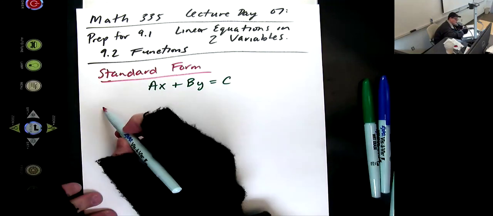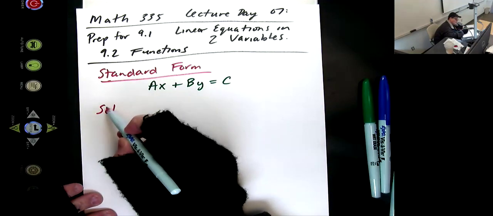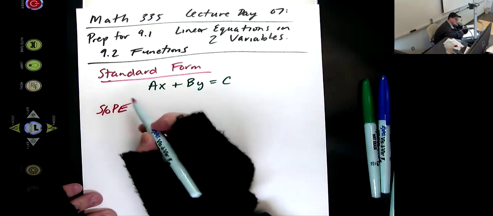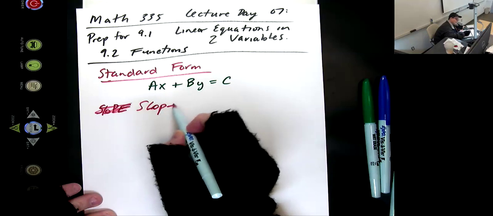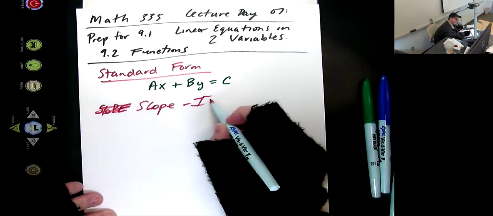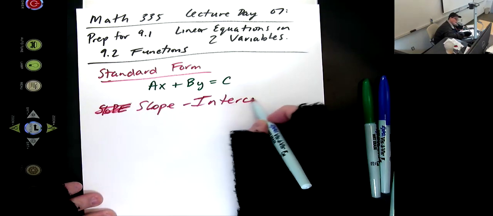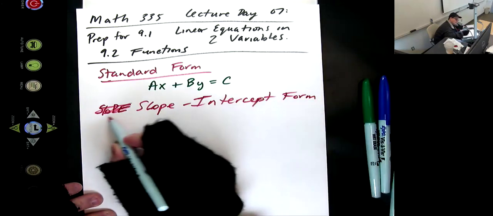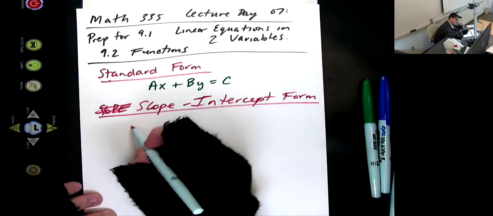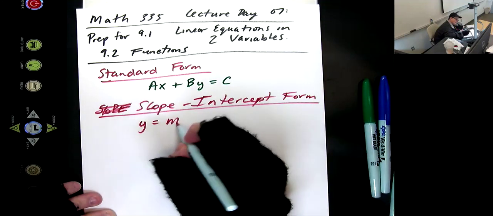The slope intercept form is y equals mx plus b. That looks terrible. That didn't make it better. Oh well, we're running with it.